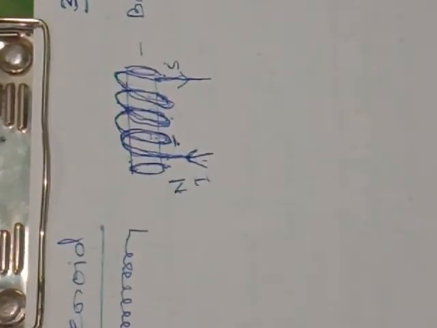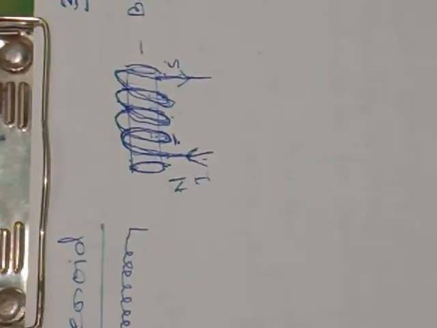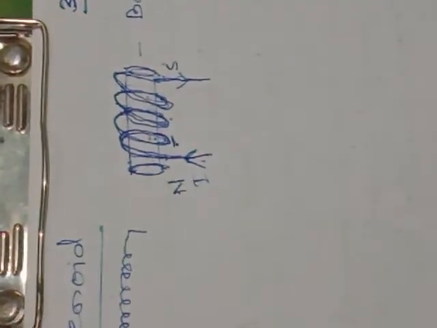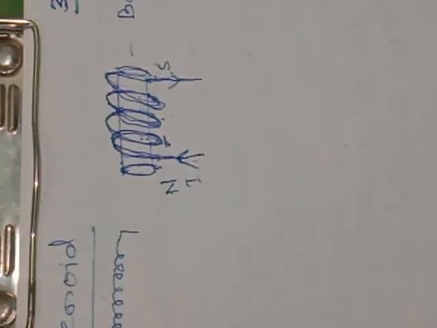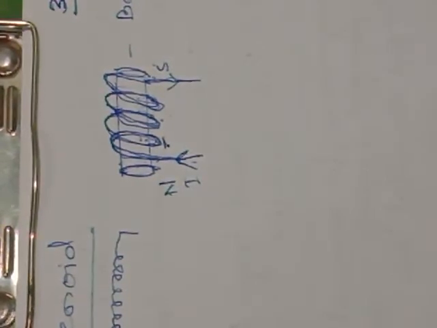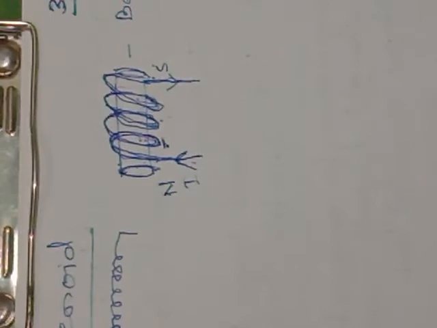The magnetic field which is generated here will be uniform, and it will be generated inside the coil. So solenoids are nothing but components which convert electrical energy, electrical current, to a magnetic field.